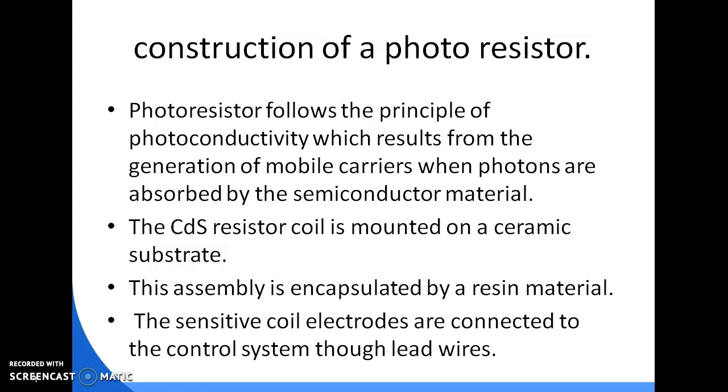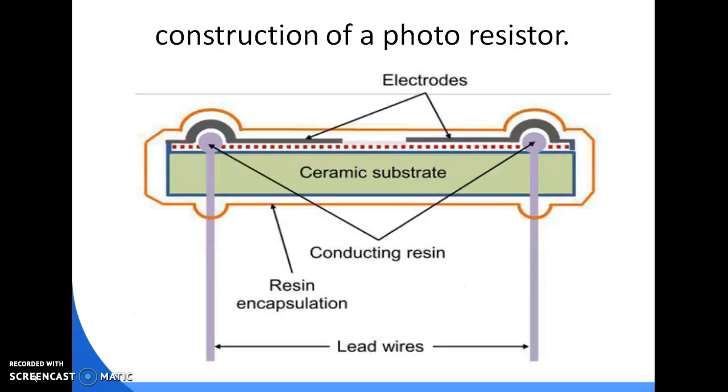This assembly is encapsulated by a resin material to protect it from the atmosphere. The sensitive coil electrodes are connected to the control system through lead wires. Here we can see the diagram of the photoresistor.